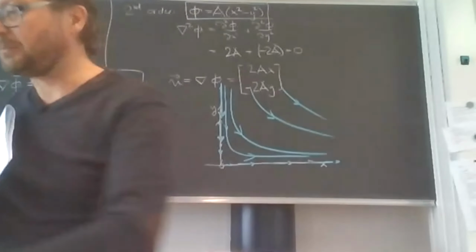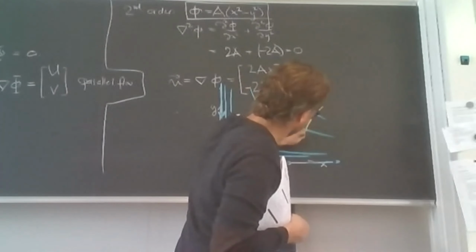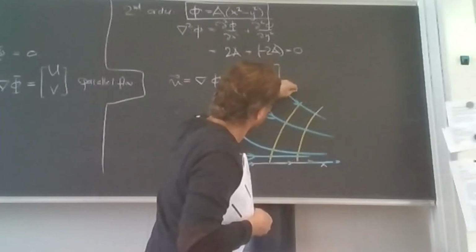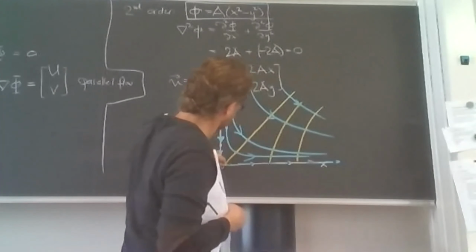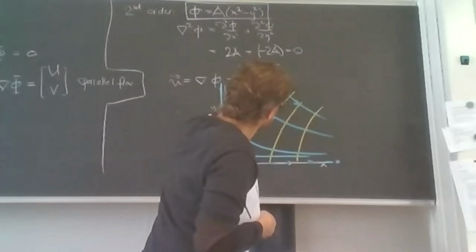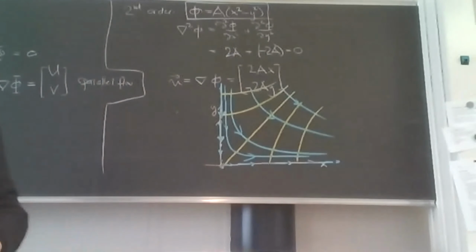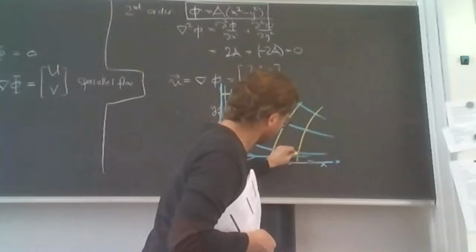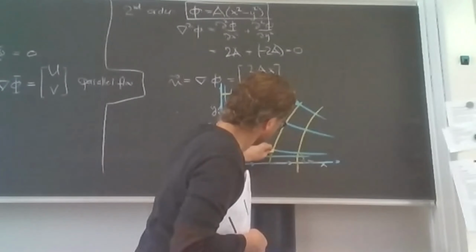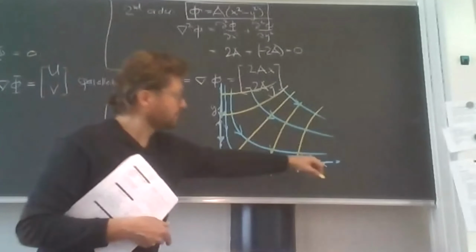What do the equipotential lines look like? They must be perpendicular to the streamlines. Here, this is exactly a 45-degree diagonal. And here they actually go perpendicularly to the x-axis.